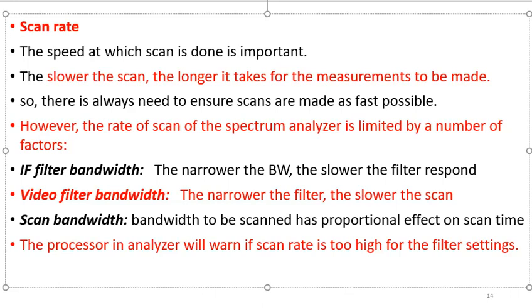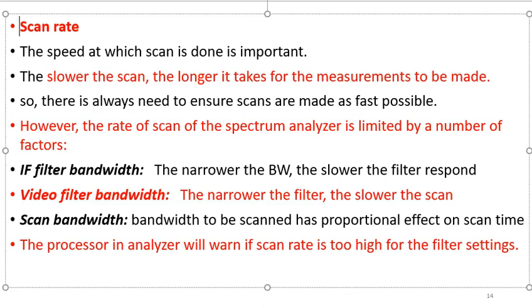It is an advantage because it will be taking measurements faster. But one thing we need to remember is that even though increasing the scan rate is good, the spectrum analyzer is limited by a number of factors. Meaning, there are some factors that limit your ability to increase it indefinitely.